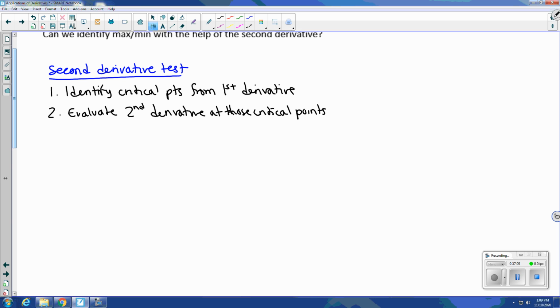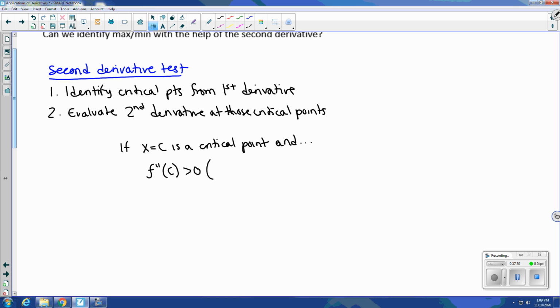So if x equals C is a critical point, and f double prime of C is greater than 0, the second derivative is greater than 0.